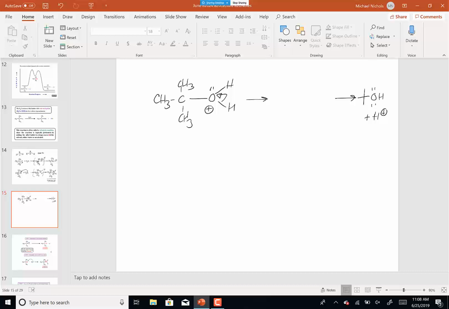They will go to the extreme, and I don't like to do this, but you could do this if you'd like. They will put another water molecule in here, and they will say, oh, well, this water molecule will then take that H+ off. So the arrow is going from the oxygen to the H+. Now, I'm okay with this if we have an understanding here. And our understanding is that the H+ falls off the molecule and the water's there to catch it.